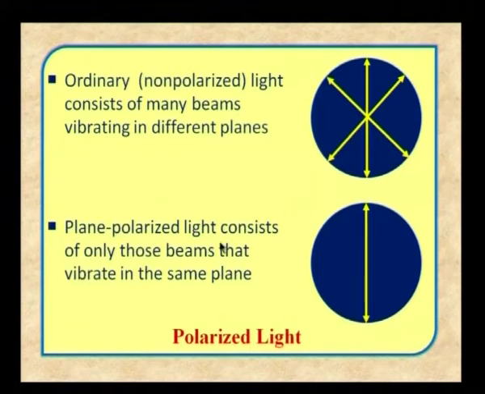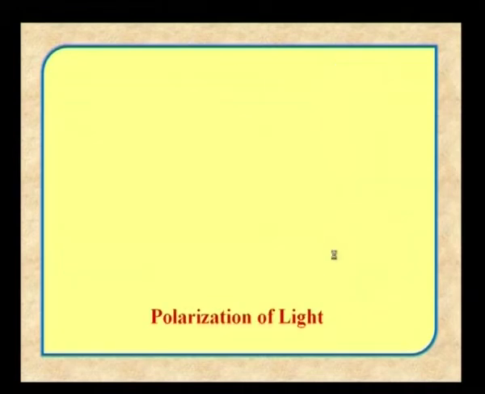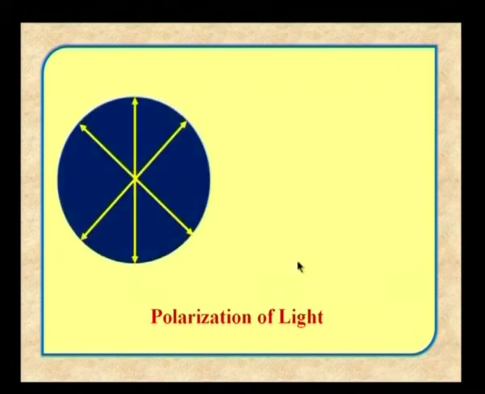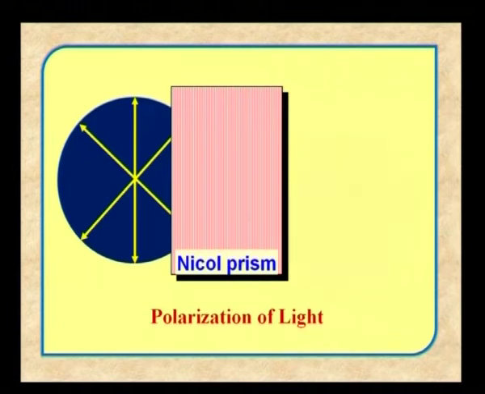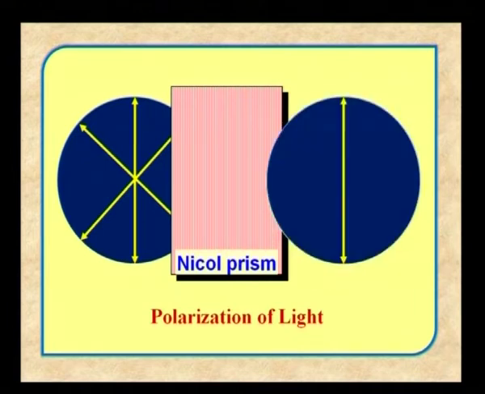The plane polarized light consists of only those beams that vibrate in a particular plane. So, this is a polarized light, this is unpolarized light, and this light that you have got here, when it is passed through a nickel prism, gets polarized. This is a plane polarized light. That is how you end up with the production of a plane polarized light from the unpolarized light.